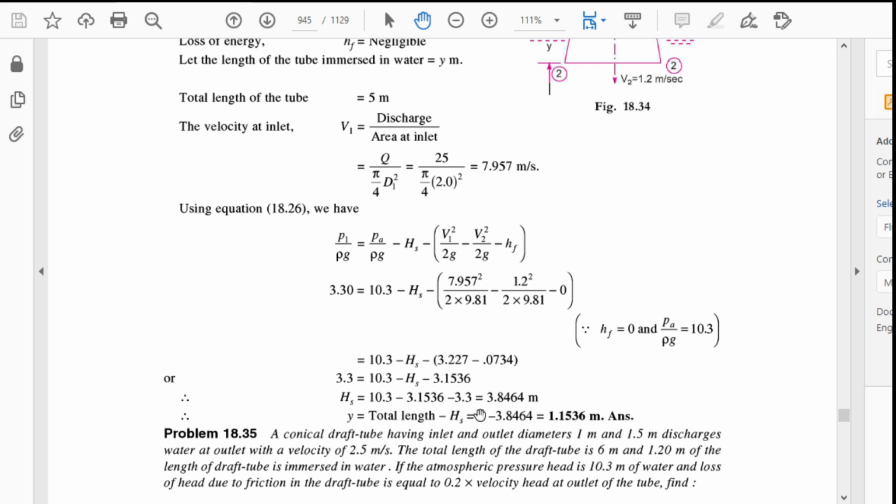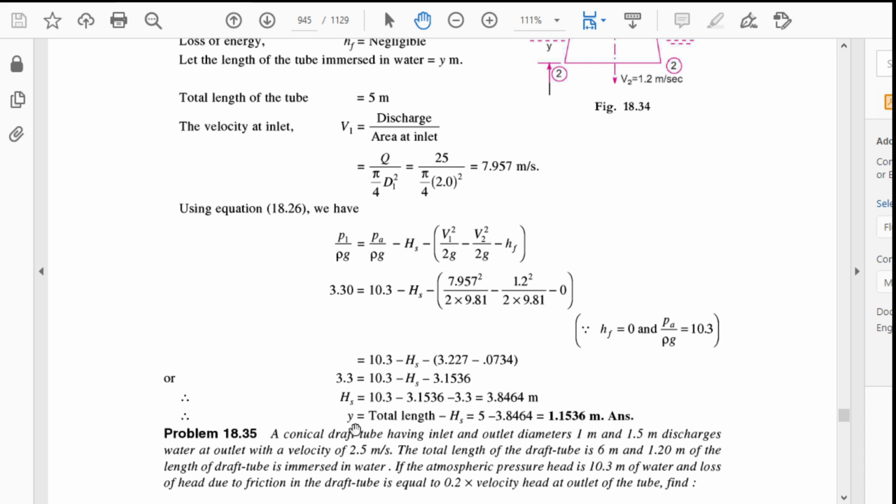Now the total length minus this HS will give you the height of your tail race, the height of your tail race from the bottom of draft tube.